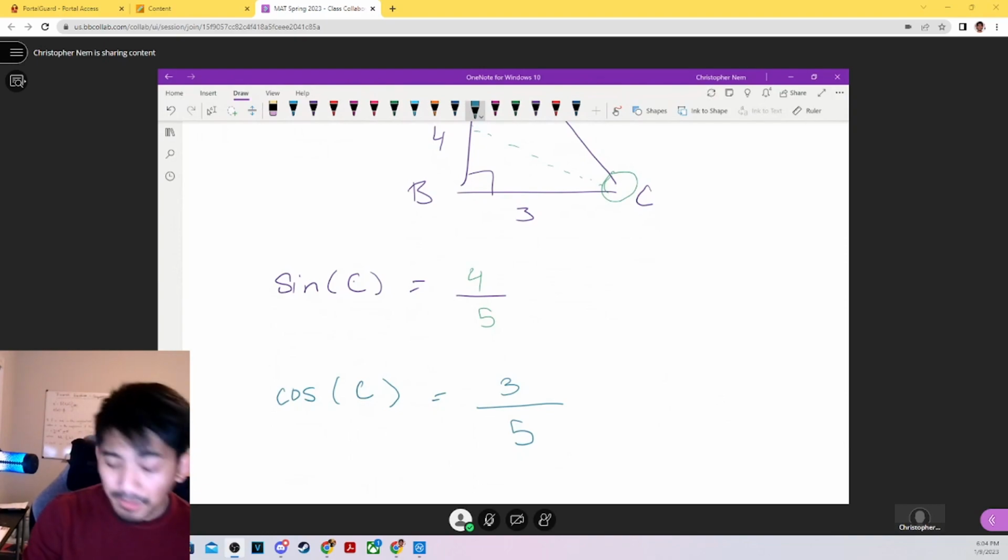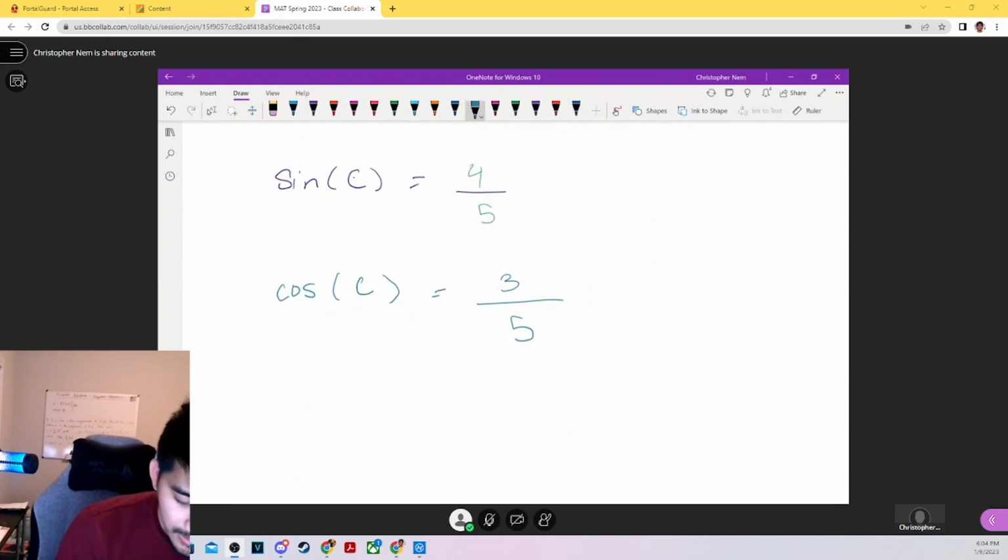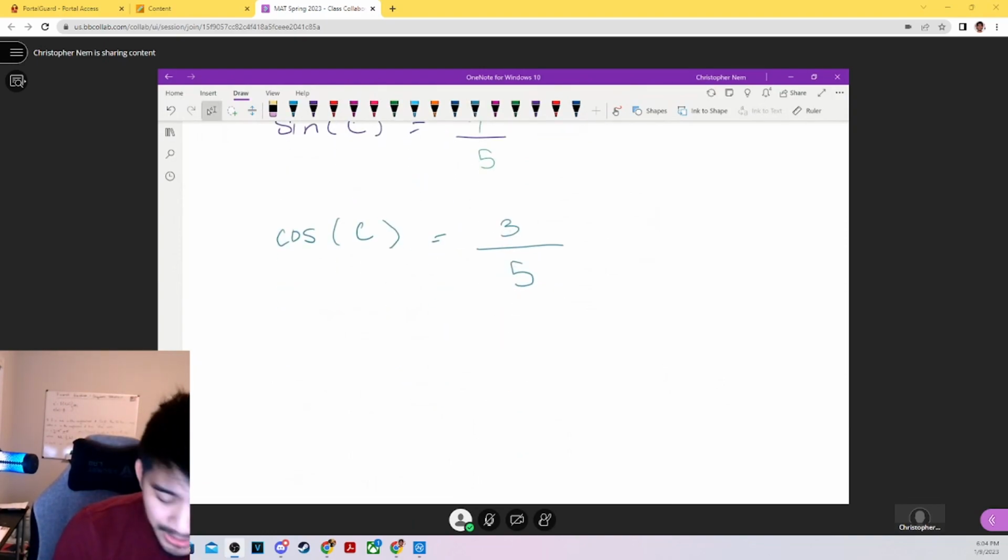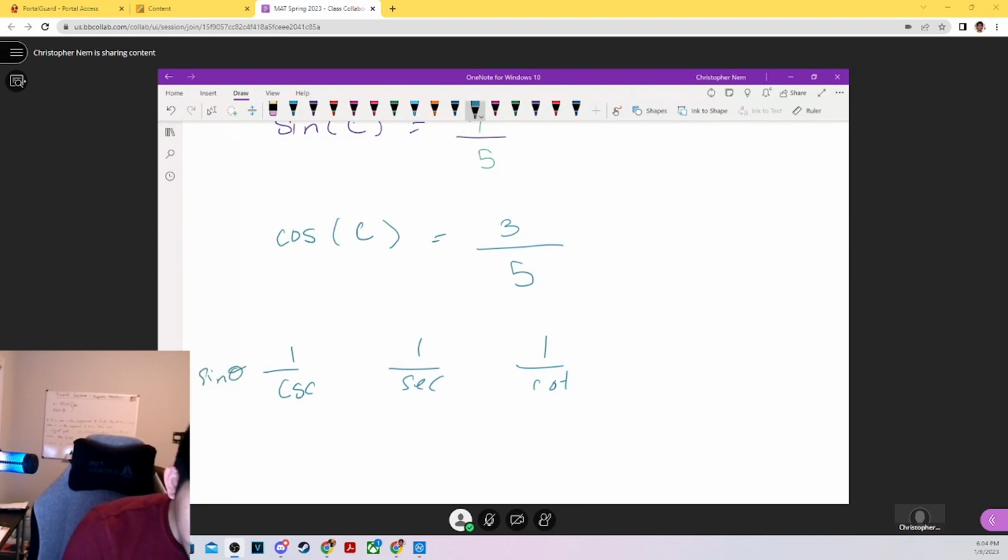And you're also able to calculate the reciprocal functions for stuff such as cosecant, secant, and cotangent. These are just 1 over sine theta, cosine theta, and tangent theta.